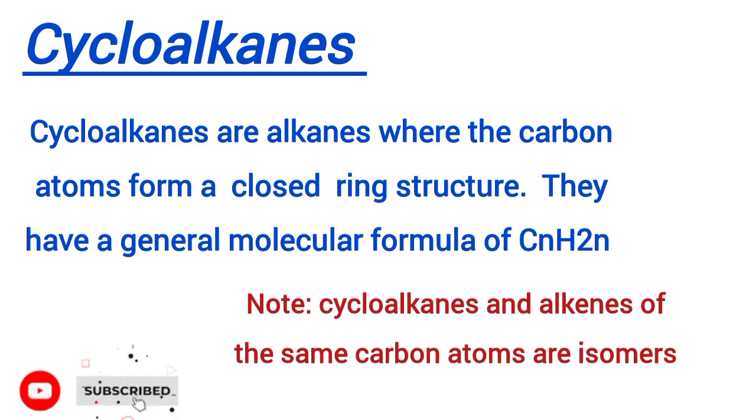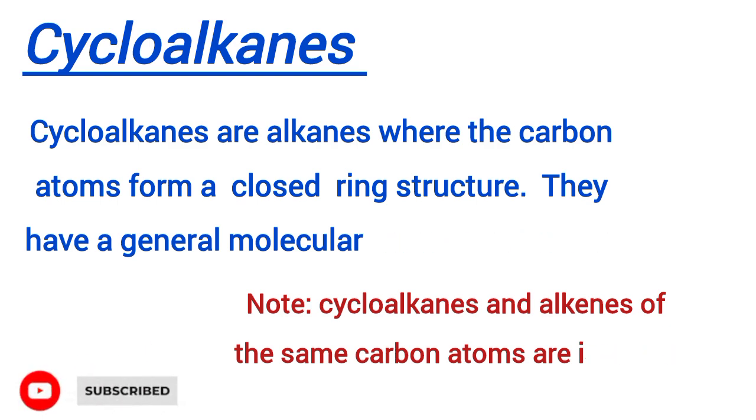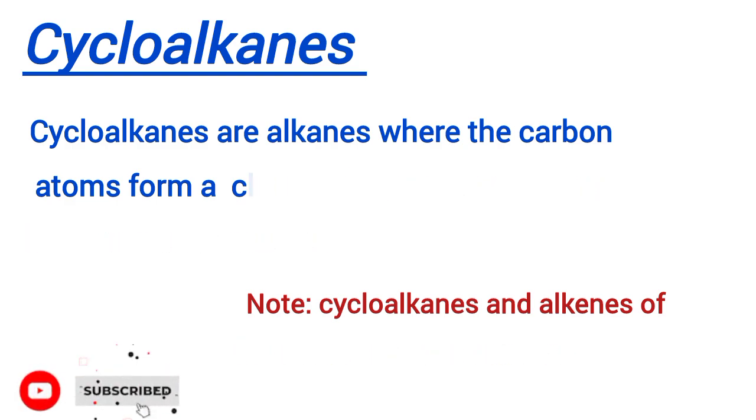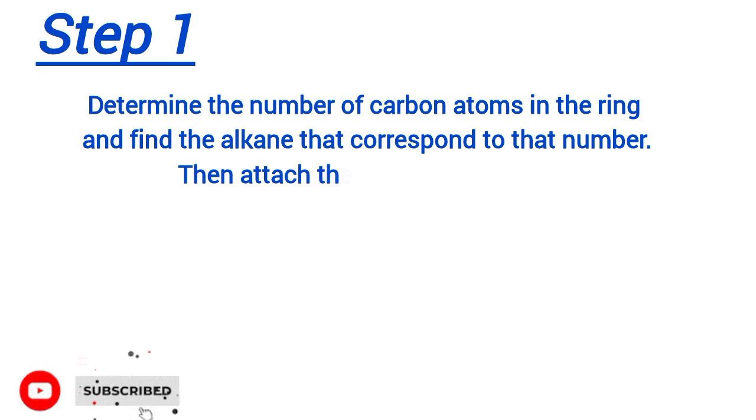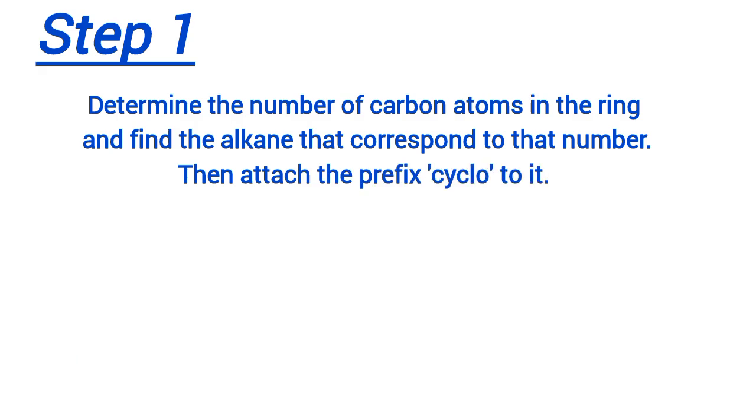Now, let's highlight the steps on how to name cycloalkanes. Step 1. Determine the number of carbon atoms in the ring and find the alkane that corresponds to that number. Then attach the prefix cyclo to it.